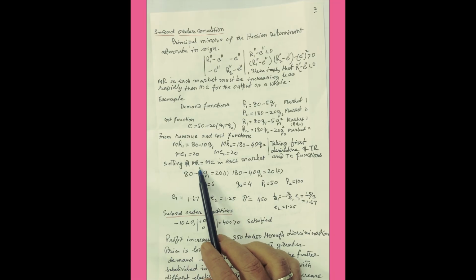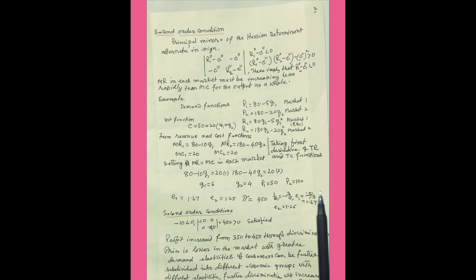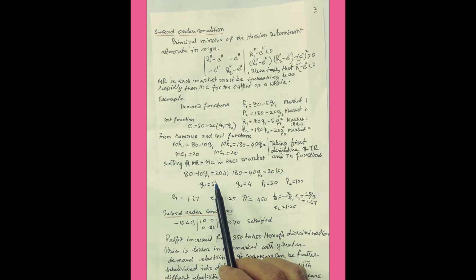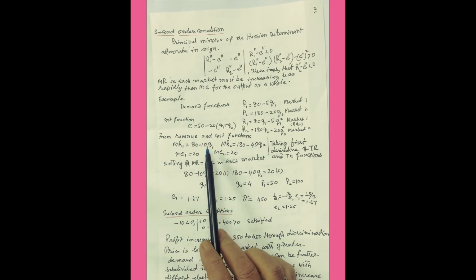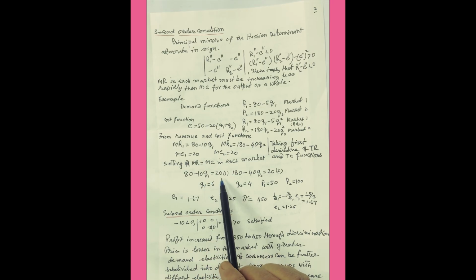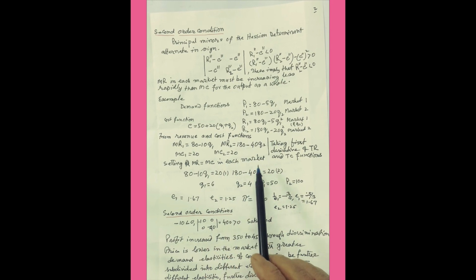Now setting marginal revenue equal to marginal cost in each market, since profit is maximized there: 80 minus 10Q1 equals 20, and 180 minus 40Q2 equals 20.